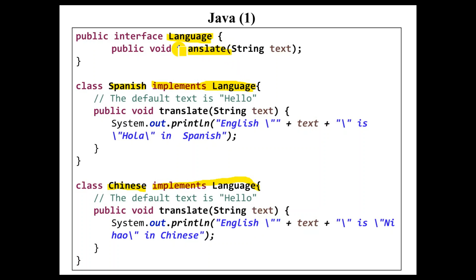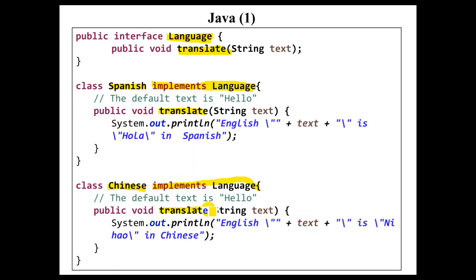You can see the Spanish and Chinese classes are implementing the translate method of the interface in their own way. We know that a Java interface works in this way, and the class that implements the interface defines its abstract method, right?